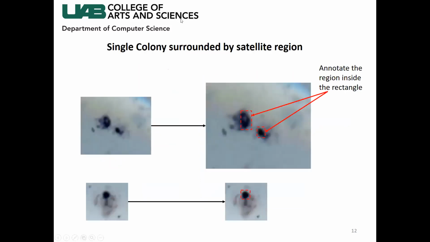For example, here, those are all satellite regions. We can ignore them and just mark this region, just like this one. Here you see there is a central region and lots of surrounding region. We can ignore that and consider only this as a single colony.